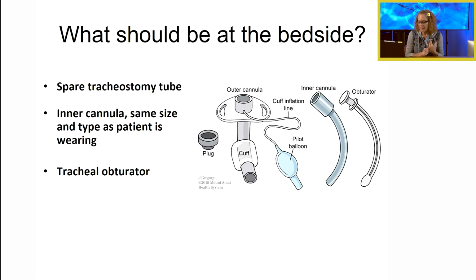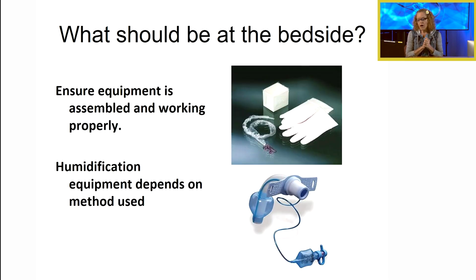Definitely a spare tracheostomy tube. Definitely a spare inner cannula, which is the same size and type that fits into the trach tube. We talked about having a tracheal obturator at the bedside as well, just in case the tube becomes dislodged and needs to be reinserted. We also need to have properly working equipment at the bedside, right?